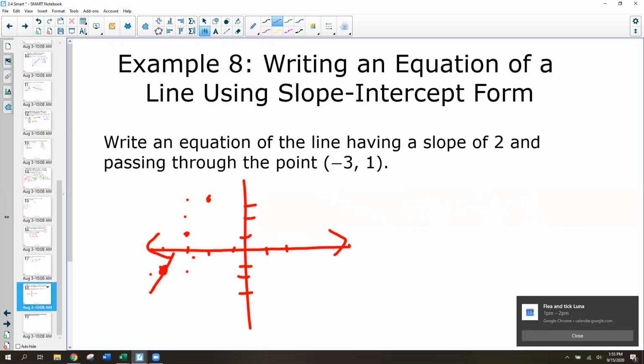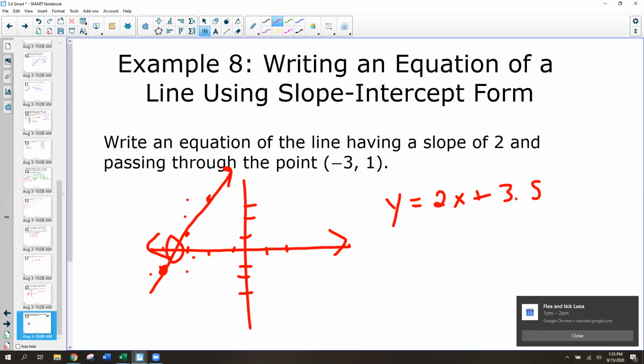So what you're going to see is it goes through the y-axis right there at about 3.5. Okay, so when I write my equation, it's going to be y equals 2x plus 3.5, give or take.